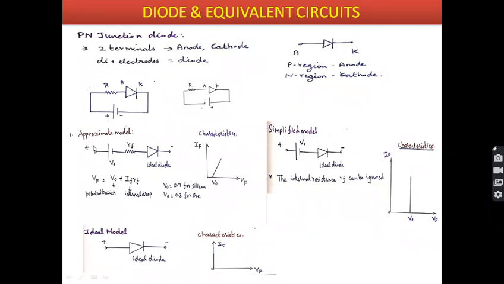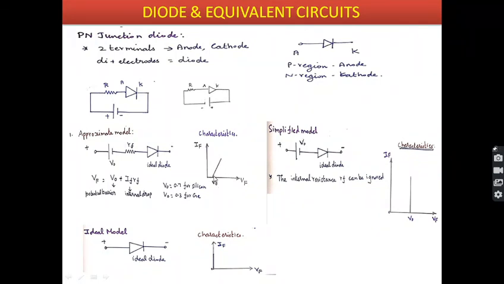Next, we are going to deal with the equivalent circuits, like how the diodes can be represented. In case of the approximate model, you will be modeling the barrier potential as V0 and the forward resistance as RF, and you will have that ideal diode. So the total voltage will be equivalent to your barrier potential plus internal voltage drop, and this barrier voltage, as I told you earlier, will be 0.7 for silicon diode and 0.3 for germanium diode.